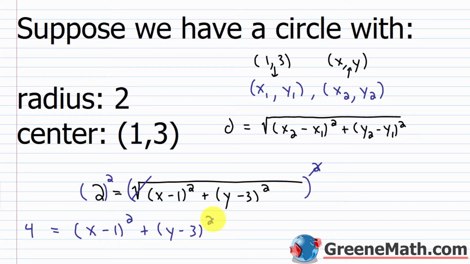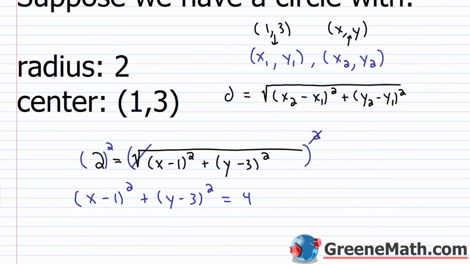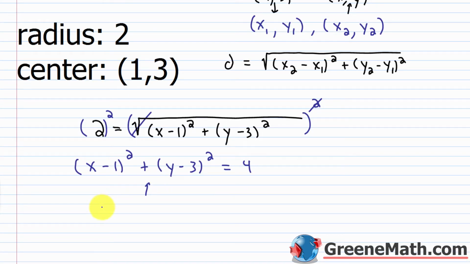Now I'm going to take this 4 on the left and put equals 4 on the right, because this is how you're normally shown this equation. This is your center radius form, and you might hear this called standard form for a circle.